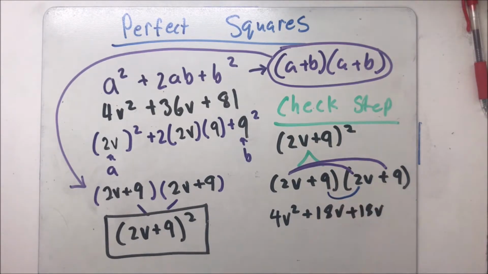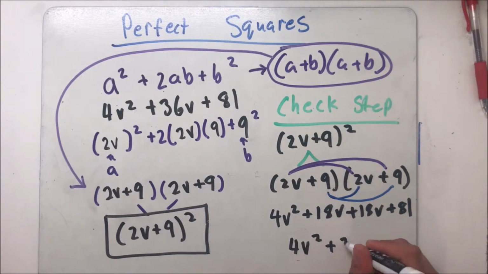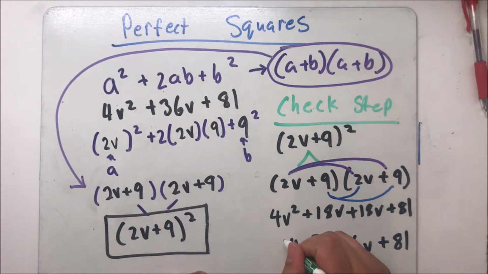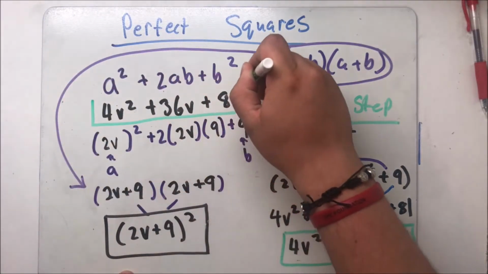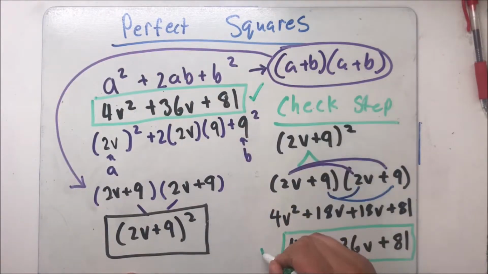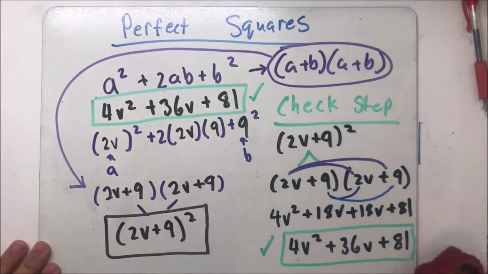So 9 times 2v, and then 9 times 9. Then, after combining like terms, you should get an answer of the question that we originally had. If you got this, then your answer is correct.